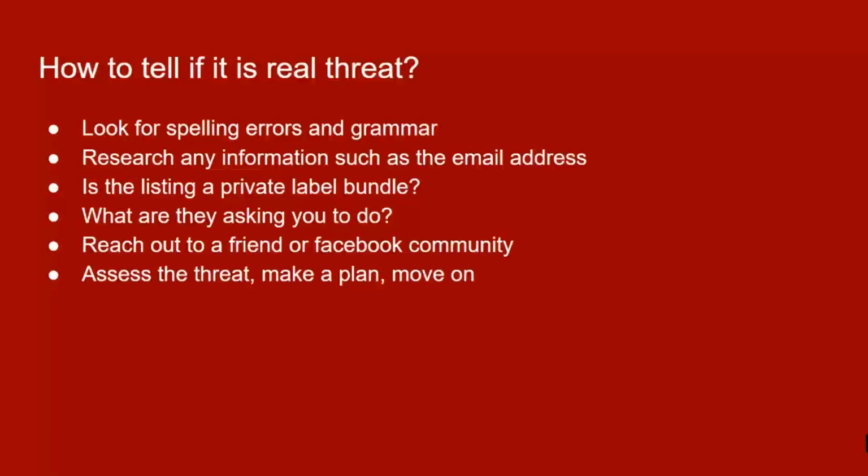How do you tell if your threat is real or not? This can be really tricky. So, any real IP violation that comes through will have an email from Amazon. It will be in your policy notifications, and it will eventually show up on your account health dashboard. Those are real threats that you definitely need to address.